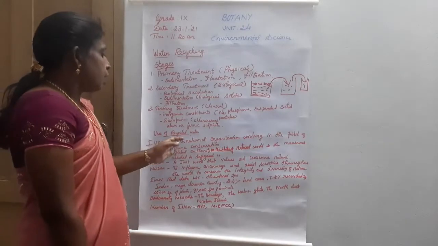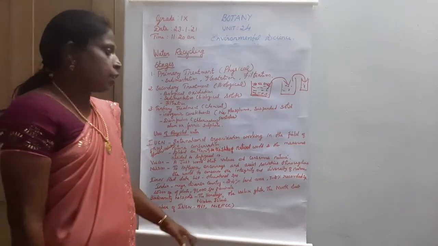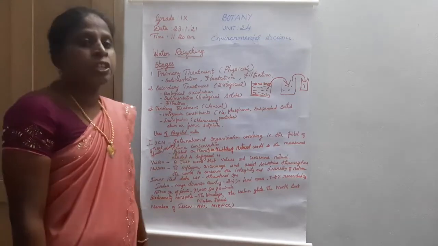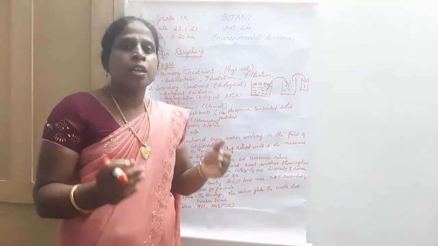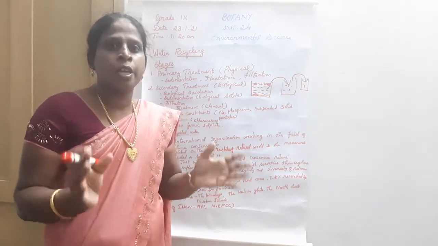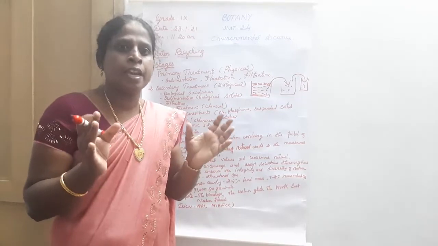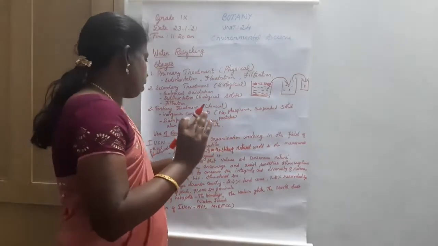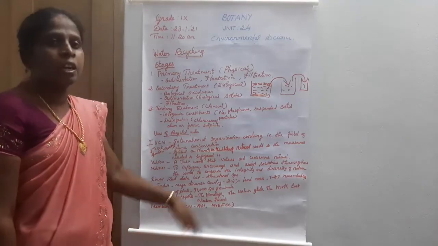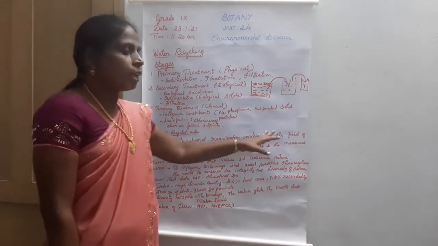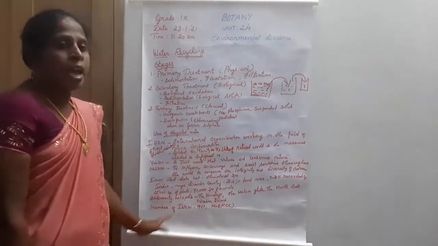The IUCN is an international organization that is working in the field of nature conservation. See here, the nature can be conserved, then only all the animals as well as all the living things can be conserved and safeguarded.